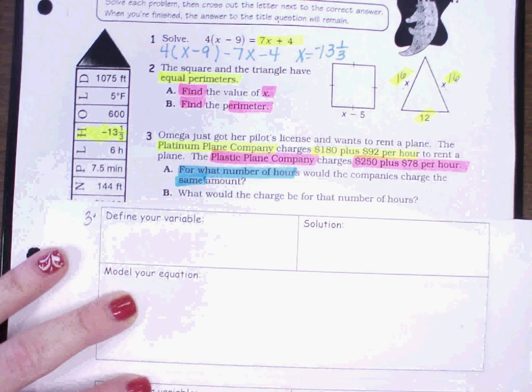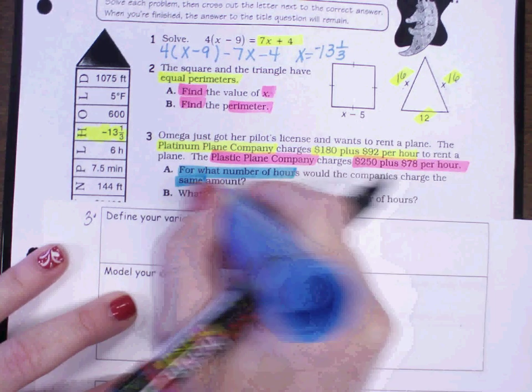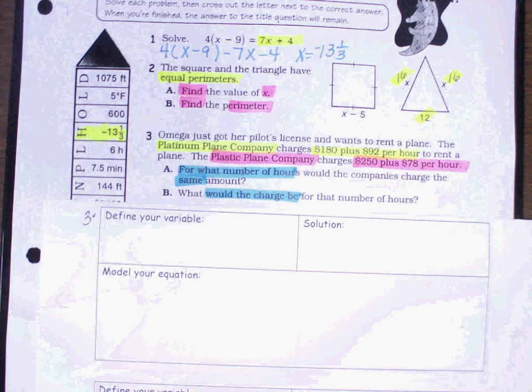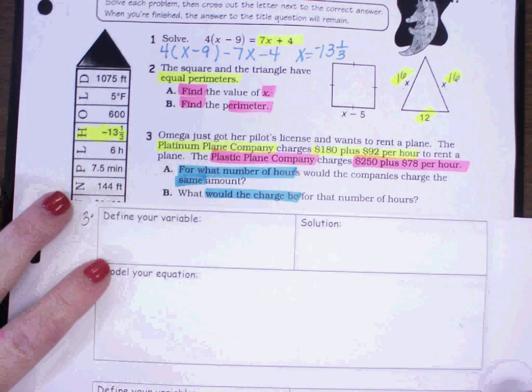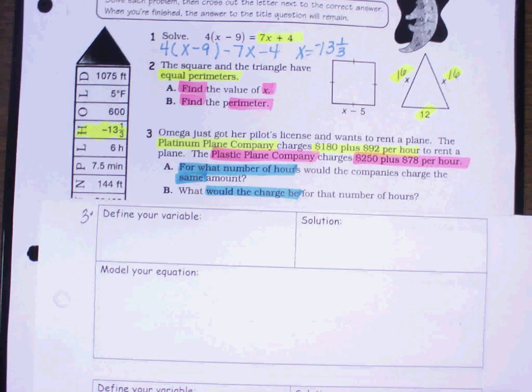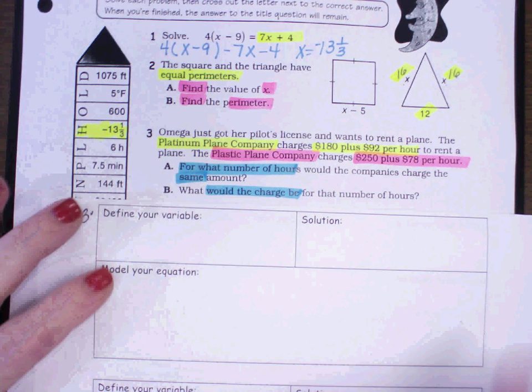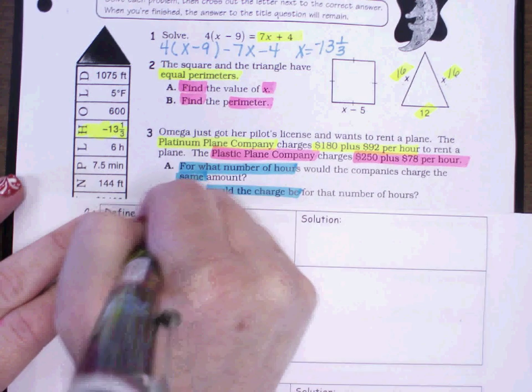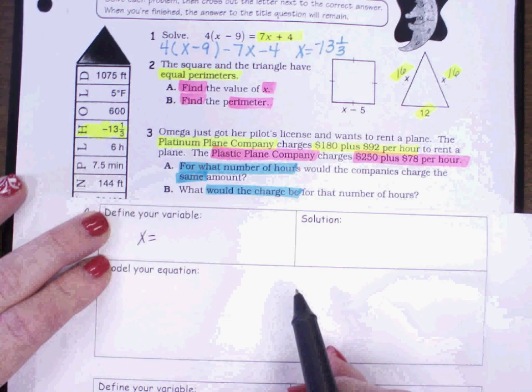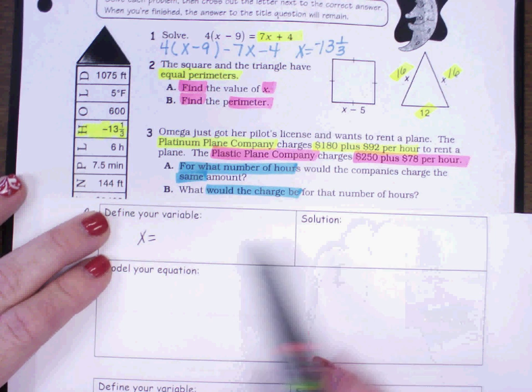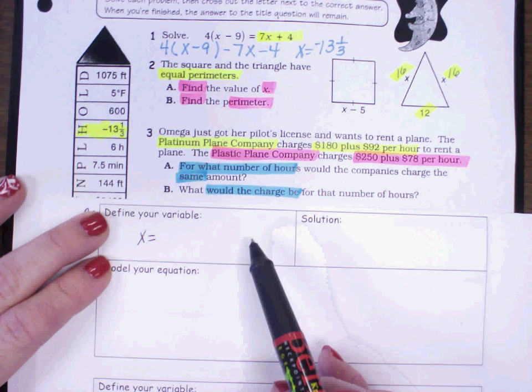The Plastic Plane Company, I'm going to do it in a different color because we have 2 different companies, charges $250 plus $78 per hour. And now I have to figure out for what number of hours the companies would charge the same, and what the charge would be.